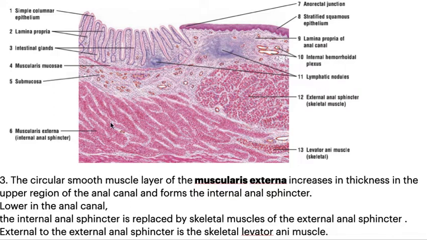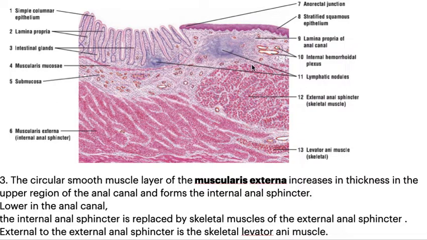The circular smooth muscle layer of the muscularis externa increases in thickness in the upper region. Can you see? This is such a huge thickened muscularis externa in the upper region of the anal canal, and here the muscularis externa is forming the internal anal sphincter. Lower in the canal, the internal anal sphincter is replaced by skeletal muscle of the external anal sphincter.